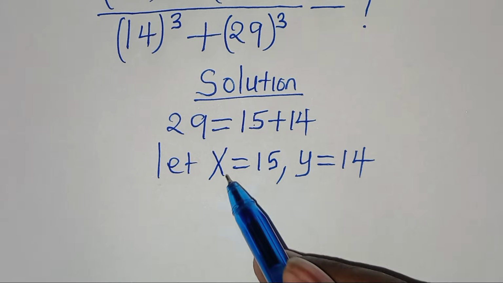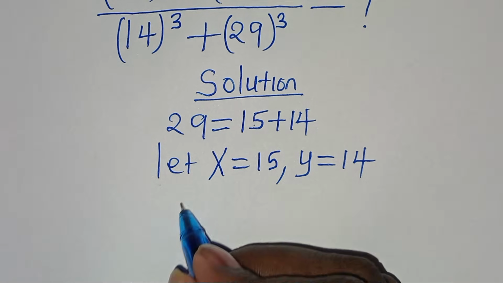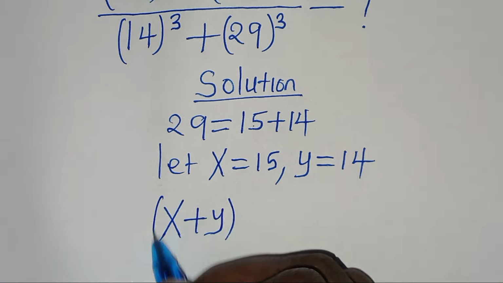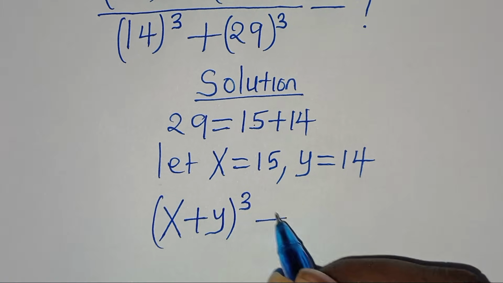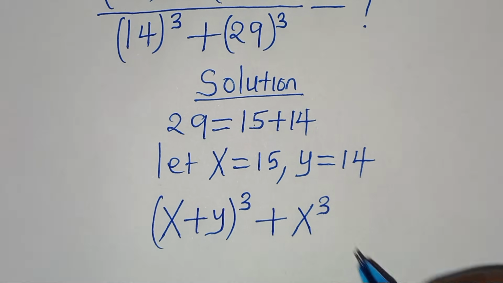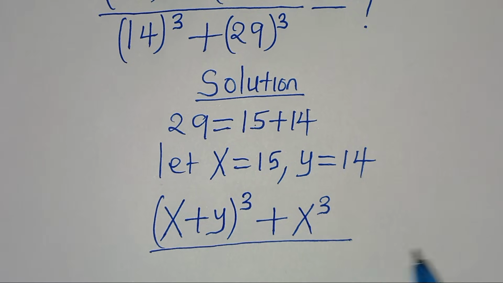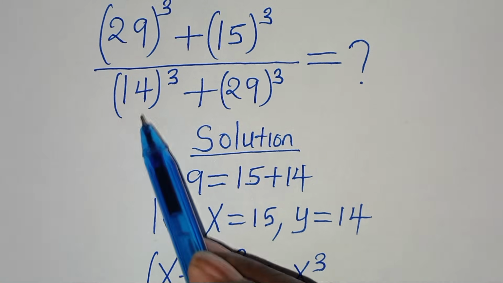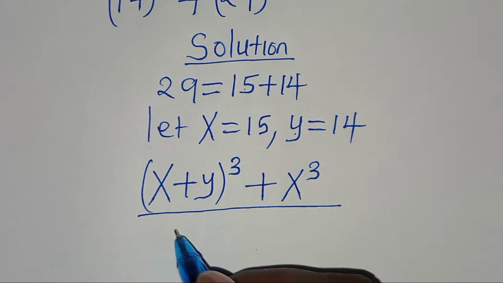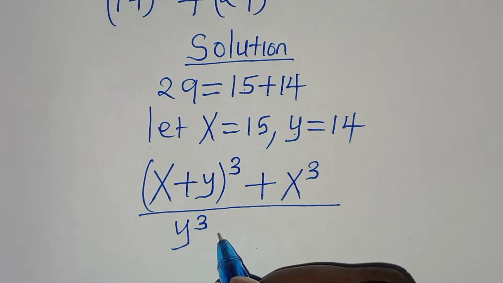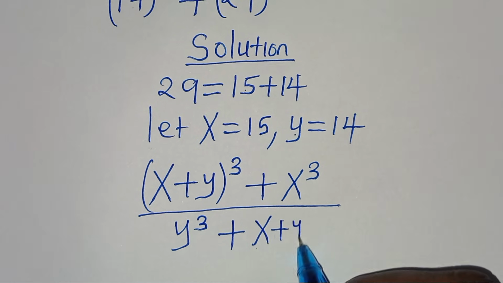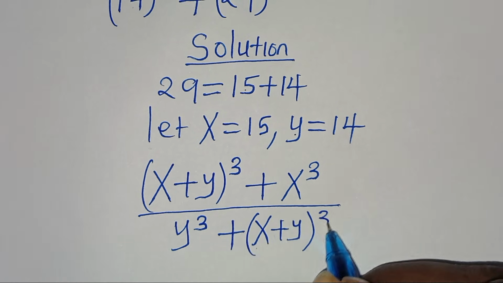Substituting x and y into the equation, we have 29 as (x plus y) raised to the power of 3, plus 15, which is x to the power of 3, divided by, in the denominator, 14 to the power of 3, which is y to the power of 3, plus 29 again, which is (x plus y) to the power of 3.